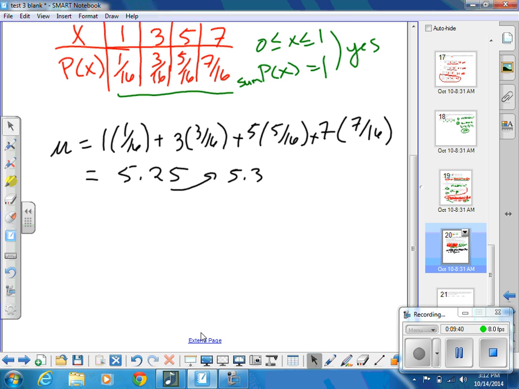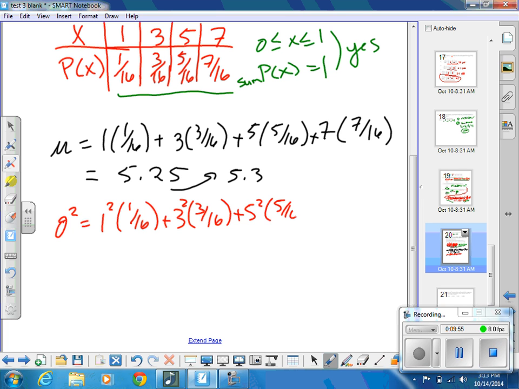Now, the next one is to find the variance. Remember, the variance is pretty much the same thing that we just did, except it's 1 squared times 1 over 16, plus 3 squared times 3 over 16, plus 5 squared times 5 over 16, plus 7 squared times 7 over 16, all in big brackets, minus 5.3 squared.